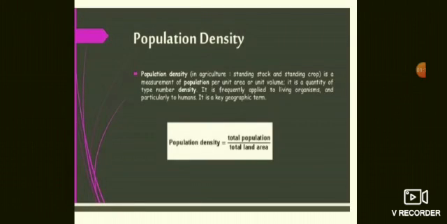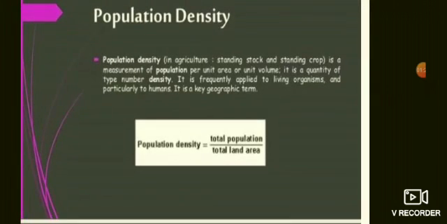Next are the characteristics of a population. So, what are the population characteristics? First is the population density. It is the number of individuals of a species per unit area or volume, for example, number of animals per square kilometer, number of trees per acre of a forest.